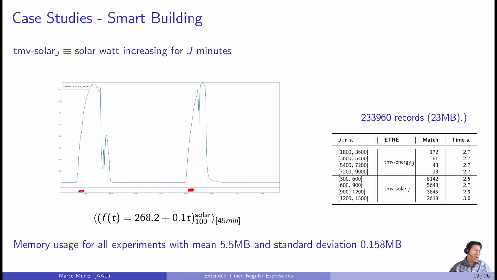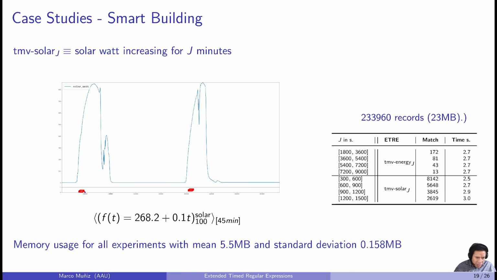The building also has some problem. During the summer, it can be too hot. In some rooms, there is too much sun entering, too much light. What they would like to do is to have an automatic control that detects the increasing of the sun, the solar watt, and if it happens continuously, then they will decide to close the windows automatically.